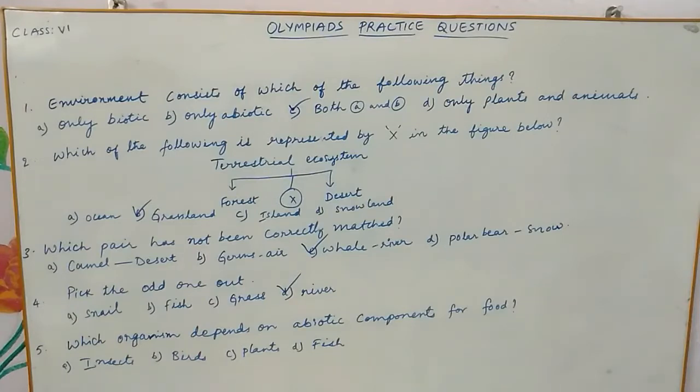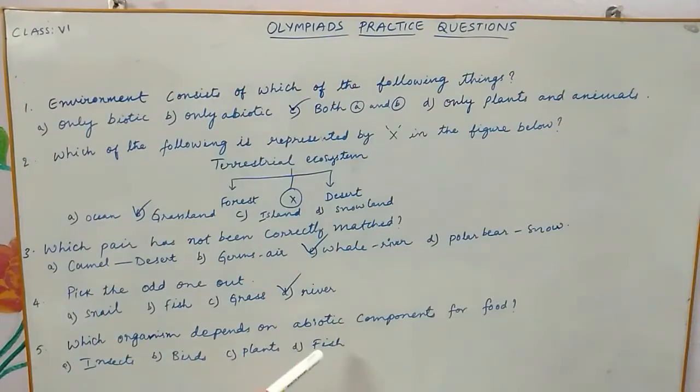And which of these do you think depend on these abiotic components for food? Insects, do they feed on non-living components like stones or water or air, simply just on air or water? No. Even birds also, they don't simply depend on rocks or water, just air, water and rocks for food.